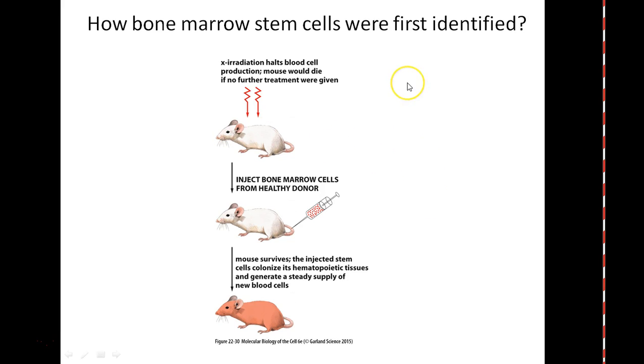And regarding the bone marrow stem cells, there was a very interesting experiment done in mice. And what the researchers did, they took a mouse and they X-ray irradiated the mouse. So they exposed the mouse to the X-ray irradiation, which completely blocked the blood cell production in this mouse.